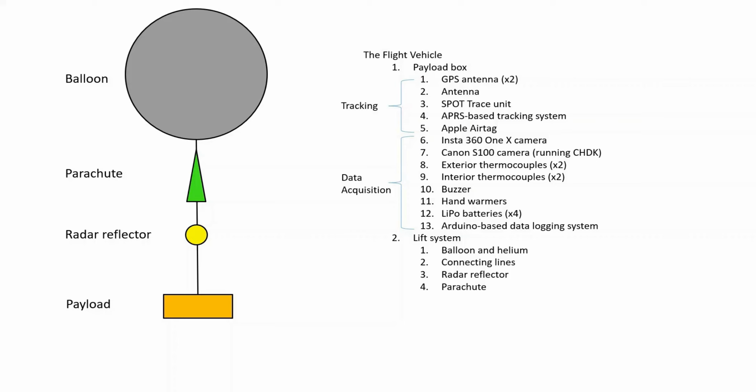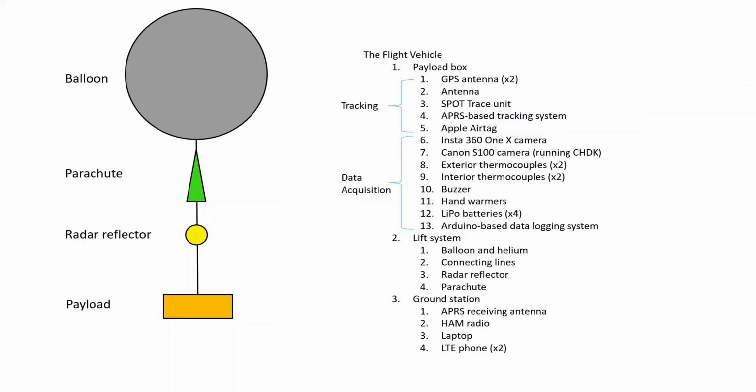We also have things like, as we mentioned, a radar reflector to help the entire flight vehicle's visibility from the perspective of other potential aviation traffic. And obviously we have a parachute to help recover the payload box after the balloon bursts, and it will slow the descent of the entire flight vehicle as it comes back down to Earth.